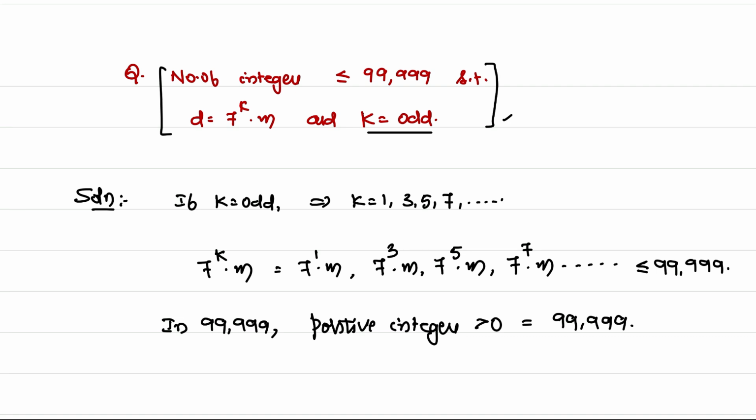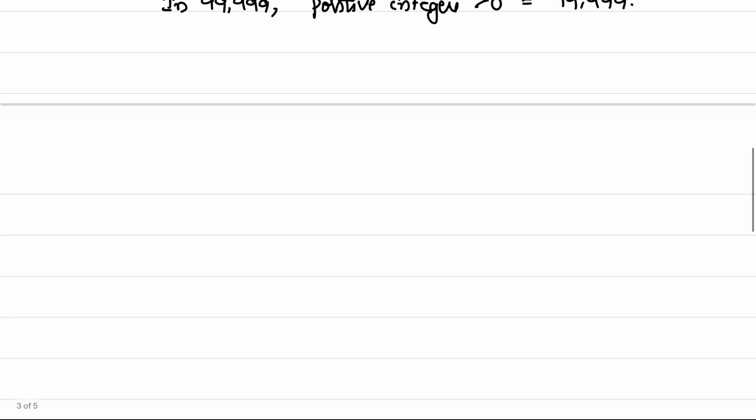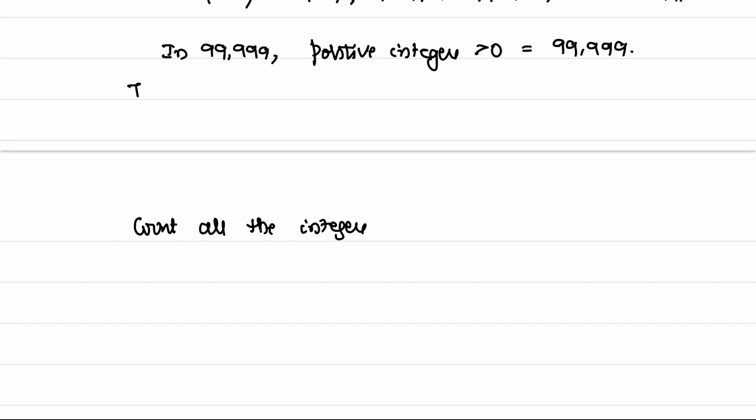There can be a number of integers which are divisible by 7 to the power of 1. That means we have to count all the integers. Let us first write. What is 7 to the power of 1?